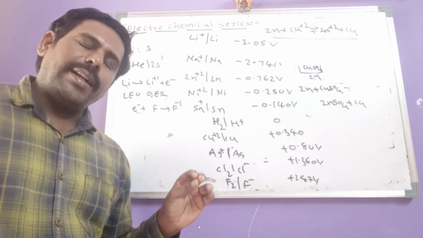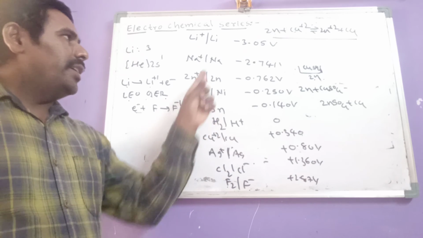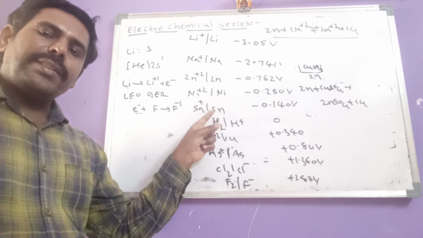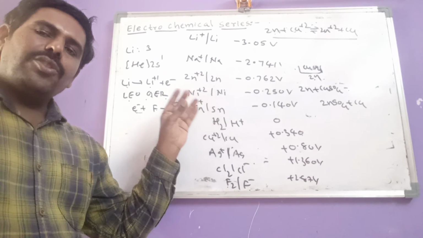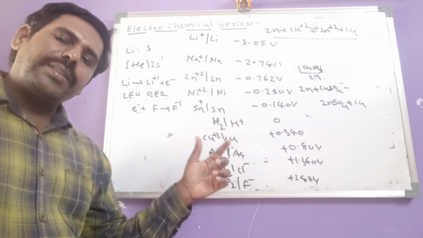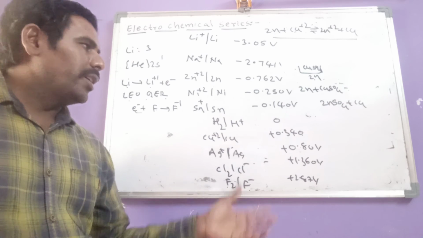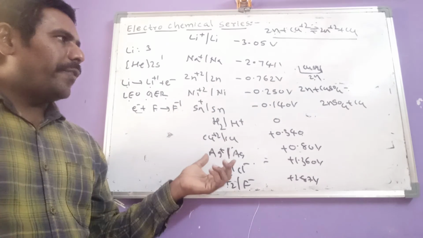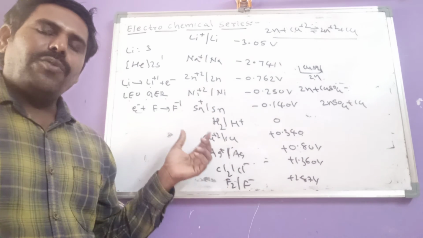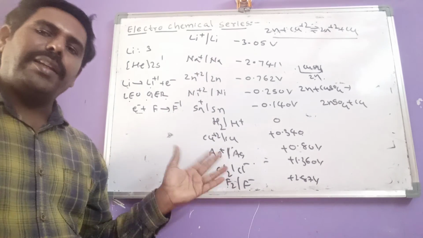And in construction of a galvanic cell, the electrode with least E naught value should be taken as anode, and that with highest E naught value should be taken as cathode. So these are the different conclusions we have to get from this electrochemical series.